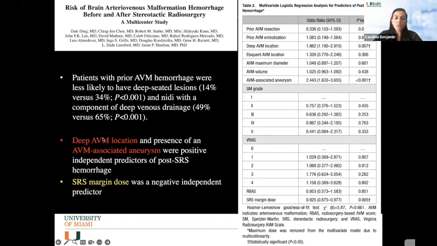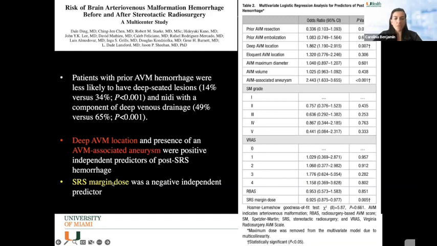Obviously you can't change the location, so that's more of a counseling thing for patients. But in terms of AVM-associated aneurysm, this study suggests that we should be treating those ahead of time, or subsequently after the radiosurgery but before the latency period, in order to try to decrease the risk of hemorrhage.